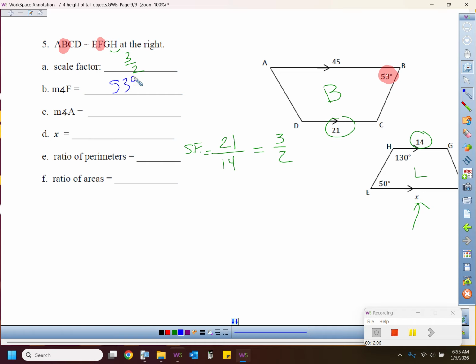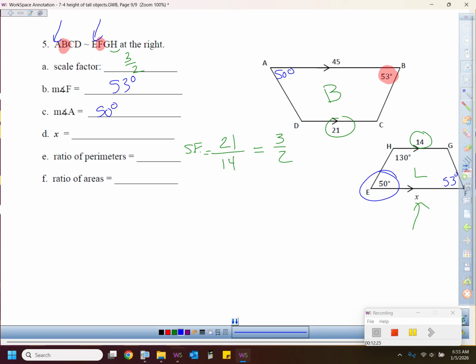If that one's 53, this one's got to be 53 down here, so I'm going to put that in my picture of 53 degrees as well. Measure of angle A. A comes first. He corresponds with E. I know E is 50 degrees, so A's got to be 50 degrees as well.